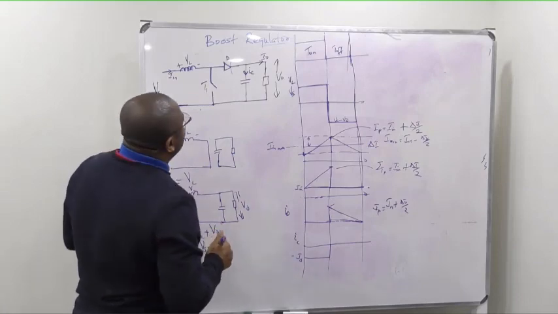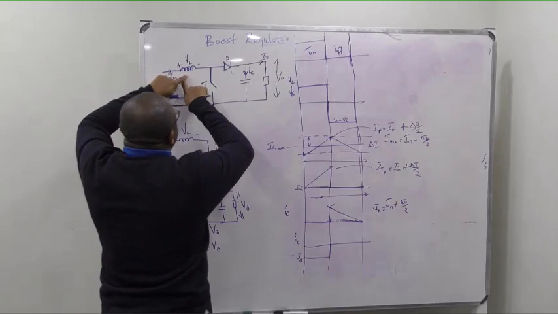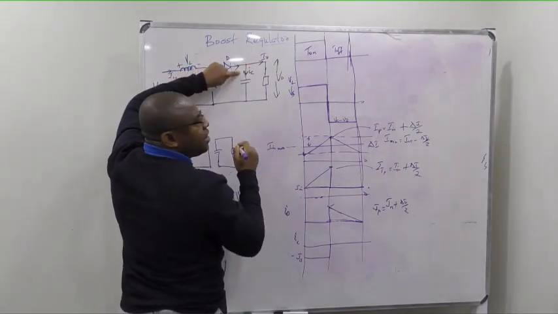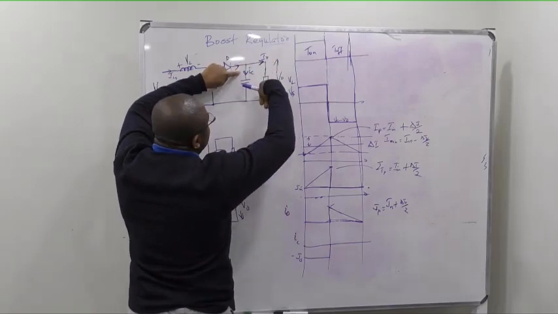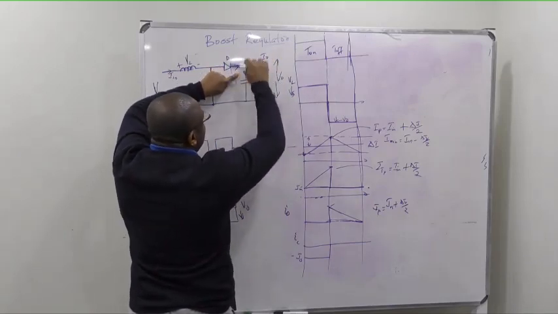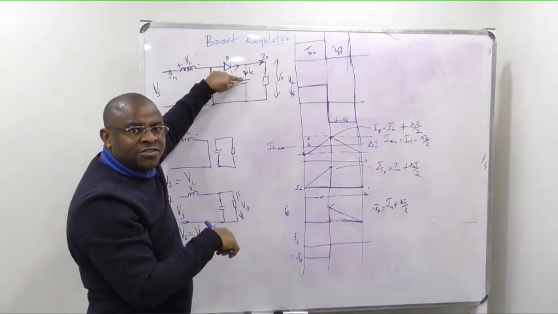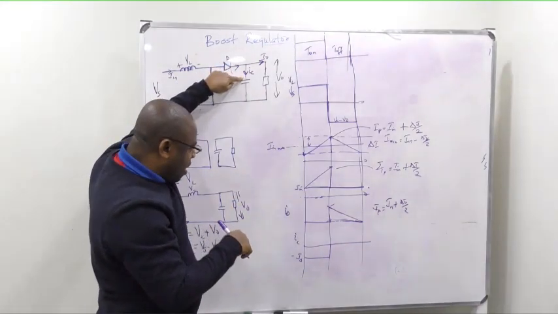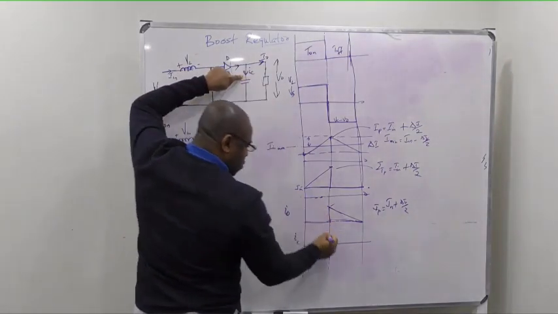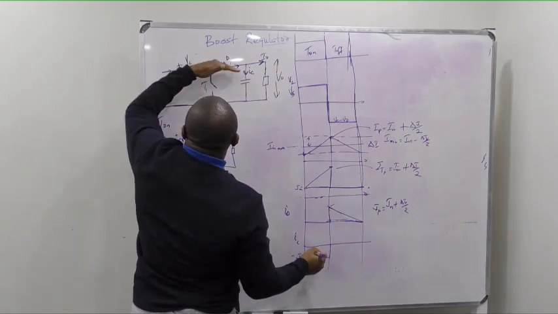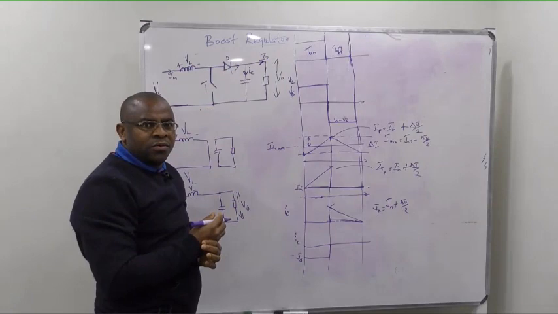Now, at time of off, immediately you switch this off, current is coming from here, and this one is feeding the load, and part of it will be feeding the capacitor. The capacitor has to be charged. So in other words, the current flowing in the capacitor will be the same thing as how much current is going in here minus IO.